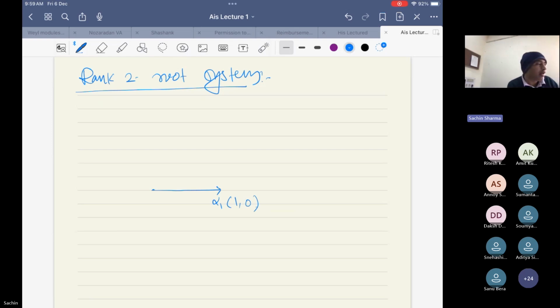And I will take another root at an angle of pi by 4, 45 degrees, with respect to it. Assuming that alpha 2 has a bigger length than alpha 1, what should be its length?